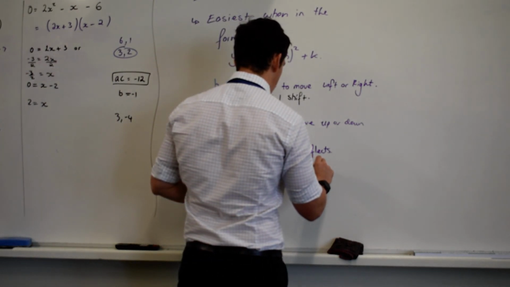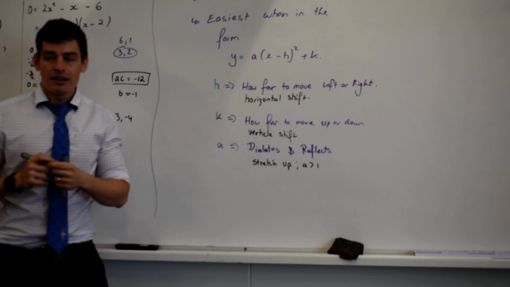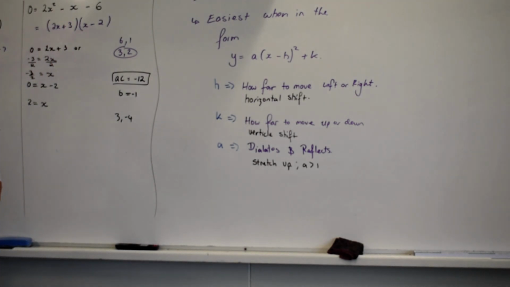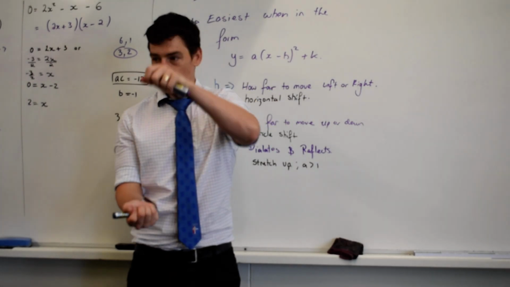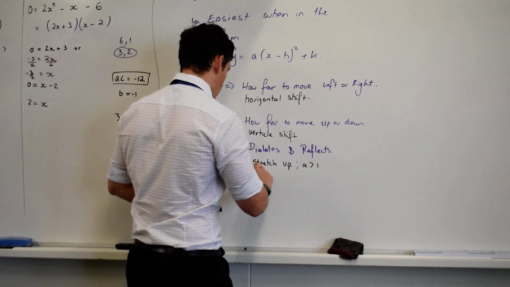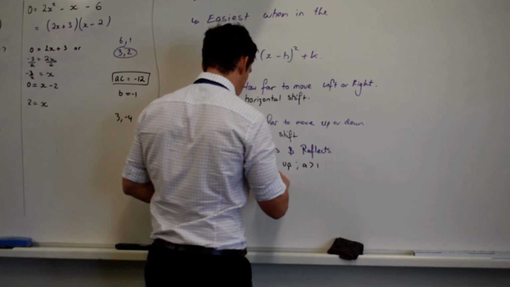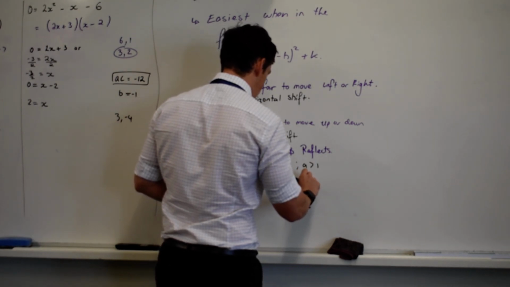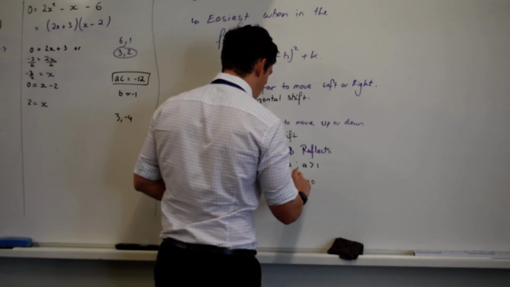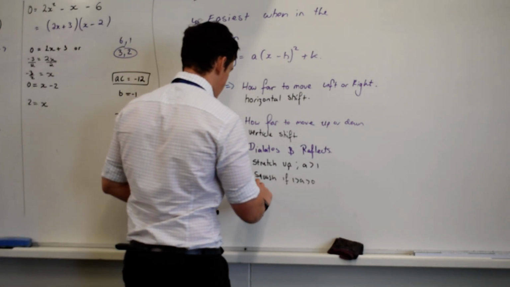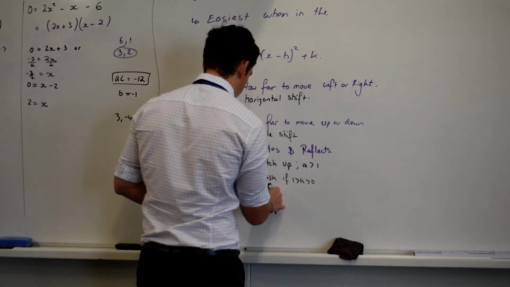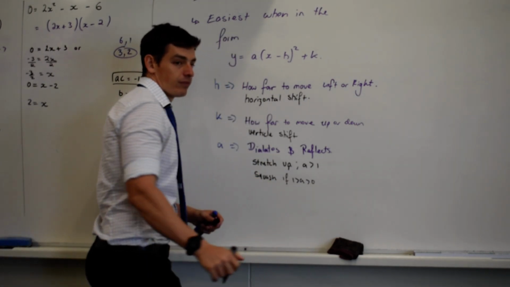If A is greater than 1. If A is between 1 and 0, what am I doing? Squashing it. Yep. So squash if A is greater than 0 but less than 1. And what about if A is negative? What's going to happen?